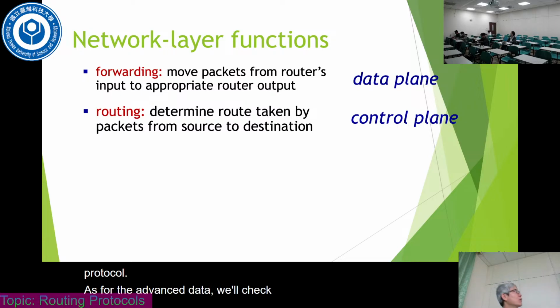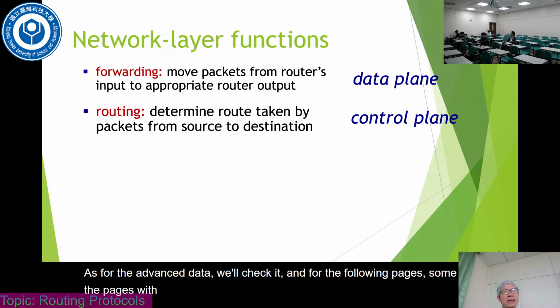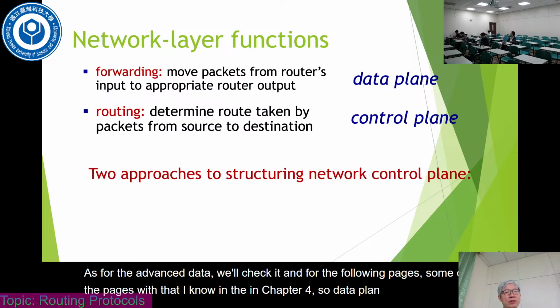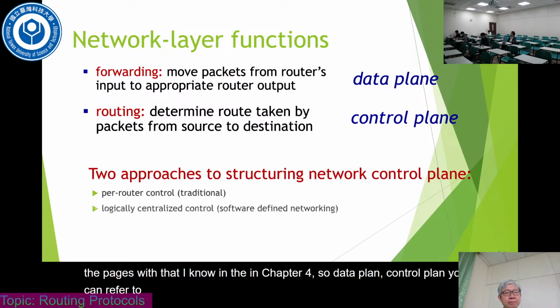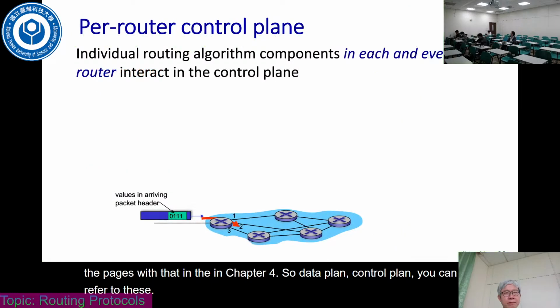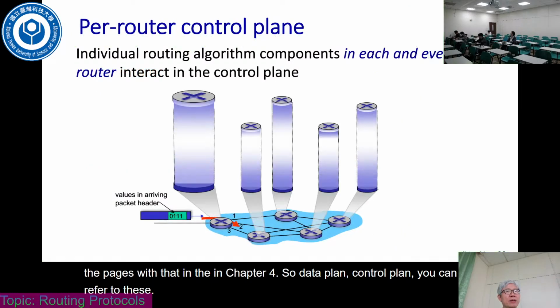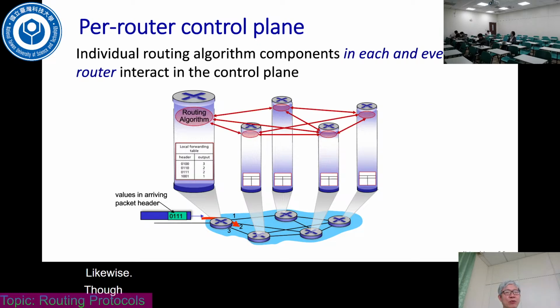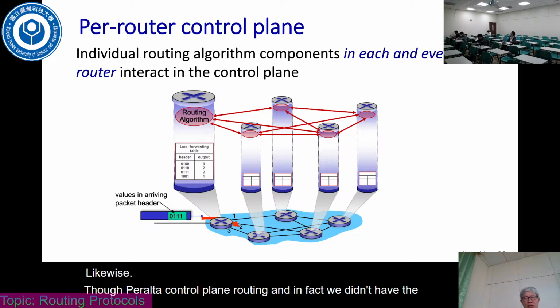And for the following pages, some of them we already know from chapter 4. So data plane, control plane, you can refer to these. Likewise, for per router control plane routing. In fact, we already have the per router control plane using the traditional routing algorithm.